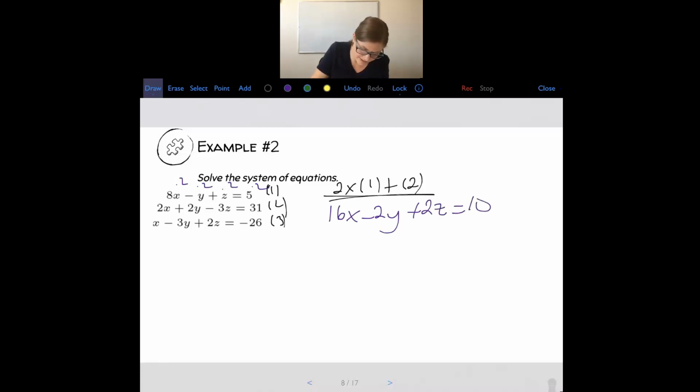And then I'm adding that to equation 2, which is 2x plus 2y minus 3z equals 31. So I add these together, and I get 18x, the y's cancel out, minus 1z is equal to 41.